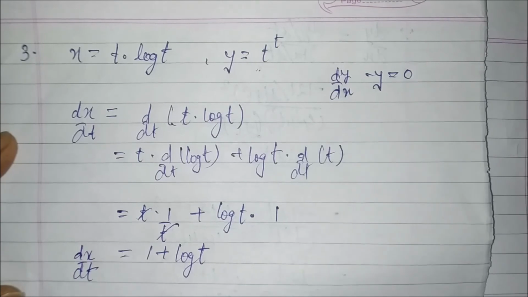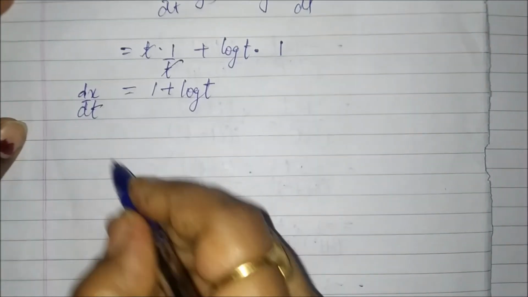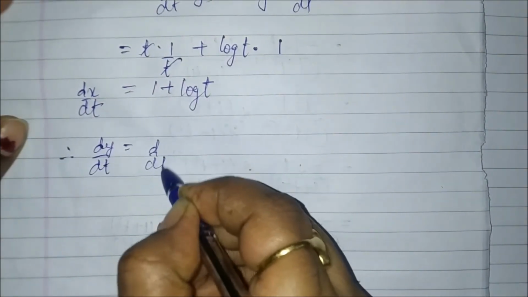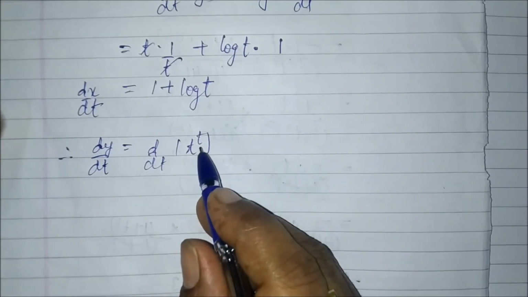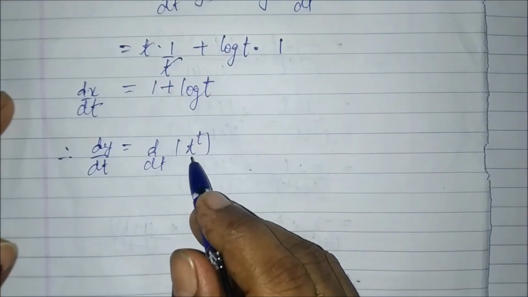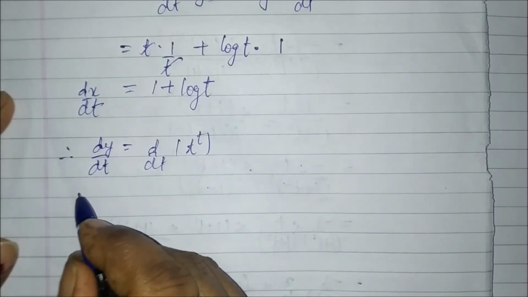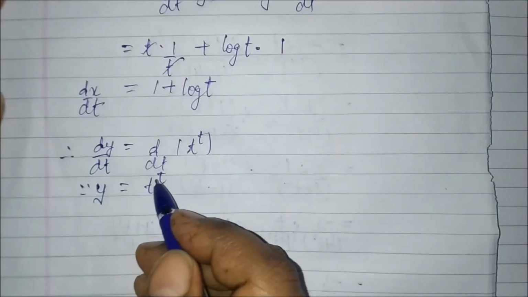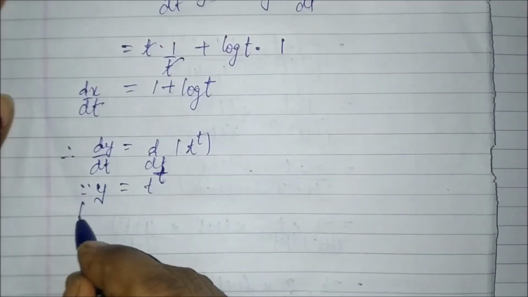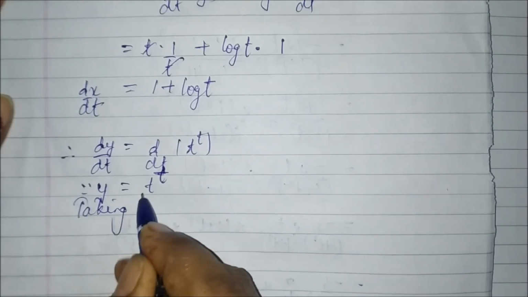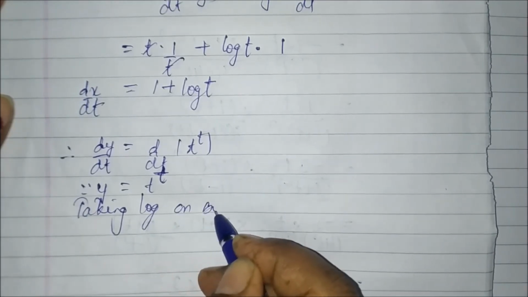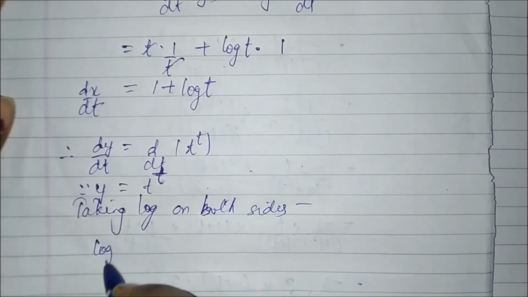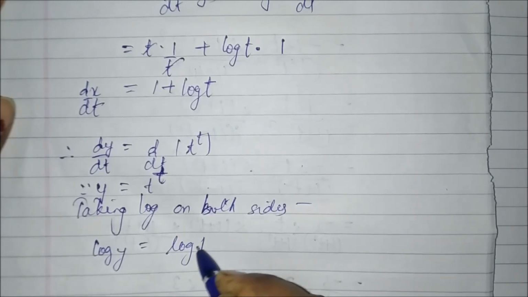Now we have to find dy by dt. So dy by dt is equal to d by dt of t raised to t. To differentiate it, first of all we need to take log. Since y is equal to t raised to t, taking log on both sides, we get log of y is equal to log of t raised to t.